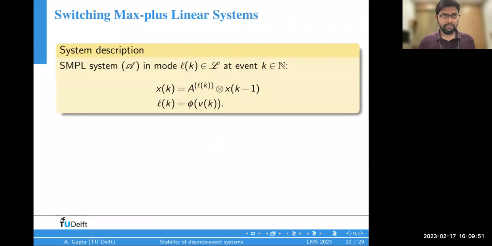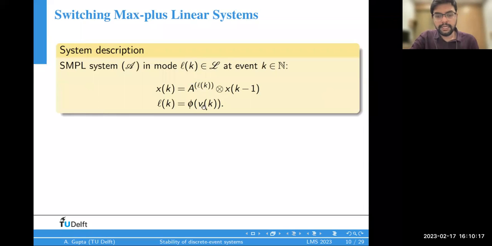So what I study is a bit more generalized case. We do not now have a single matrix A, but a set of them. I assume that this set, this curly L, is finite. So I have finitely many modes of operation, and I can choose from them using scheduling variables.